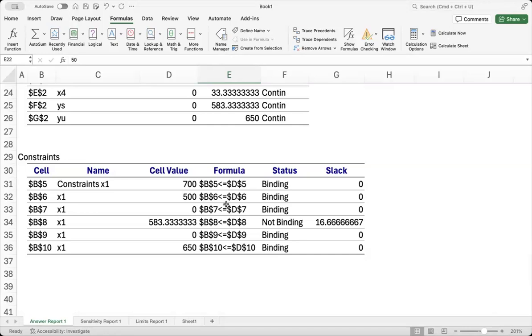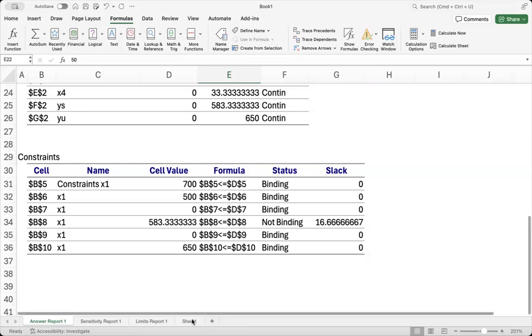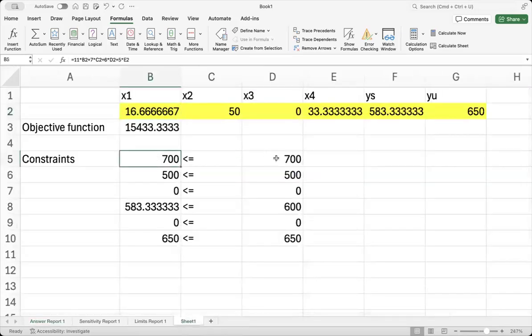So we have binding, non-binding, binding. What does it mean? Totally, we have 6 constraints. This is the first constraint, B5 less than or equal to D5. Check it. Yes, this is the first constraint.